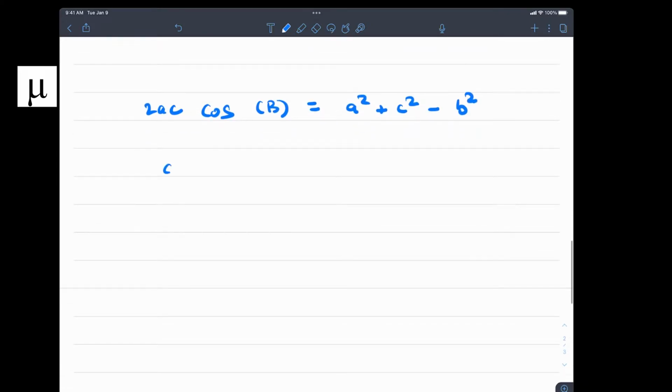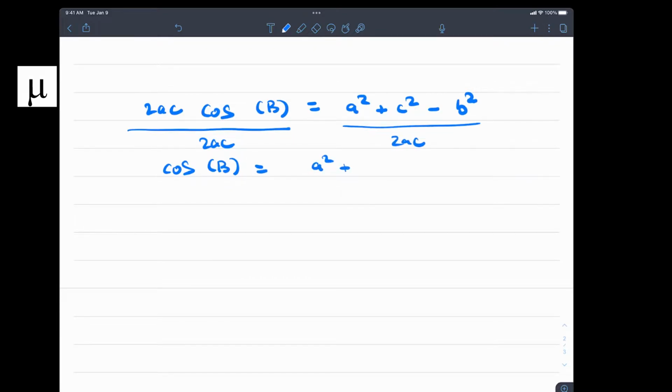So here you go. This now means I can divide both sides by 2ac. And what do you get? A squared plus c squared minus b squared over 2ac.